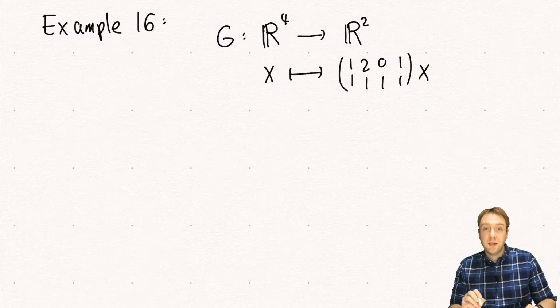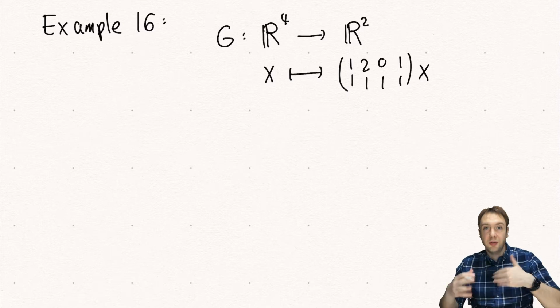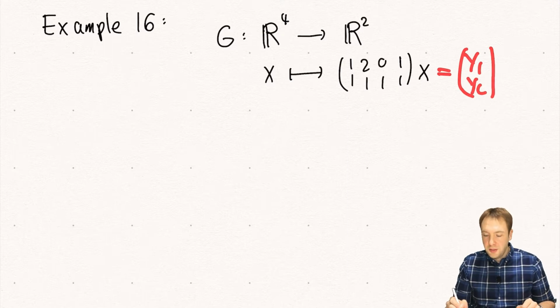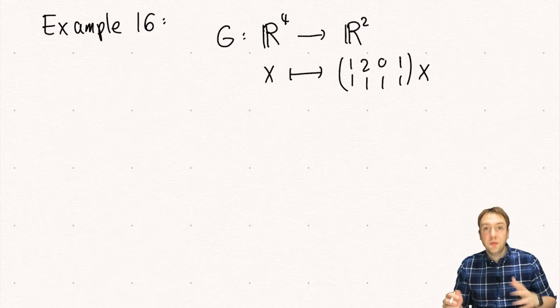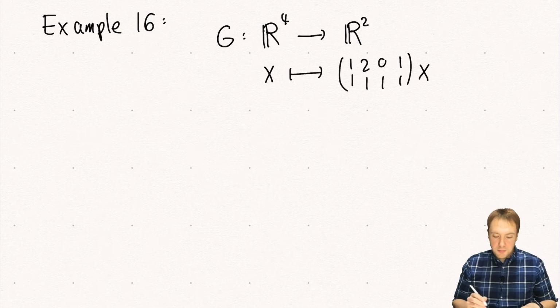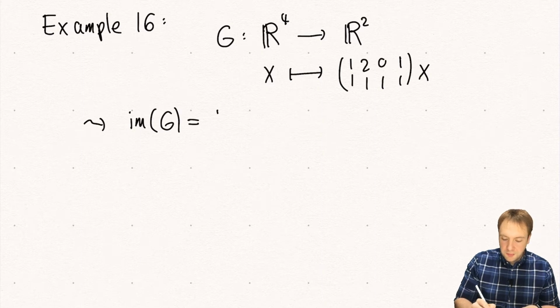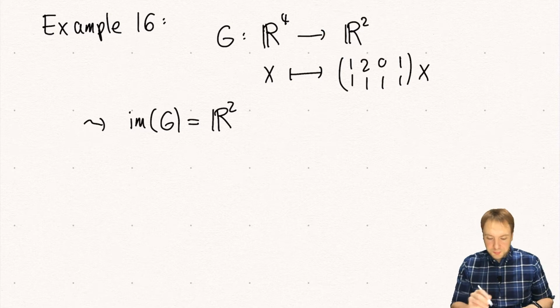We calculated the image by solving the linear equation that this equals some y1, y2. We saw that there are no conditions on these y1, y2, so we could always solve this linear equation. Therefore we concluded that the image of G is everything, meaning R2.